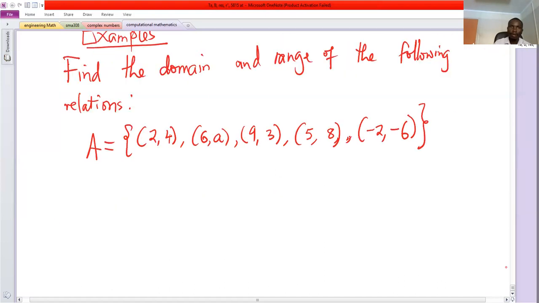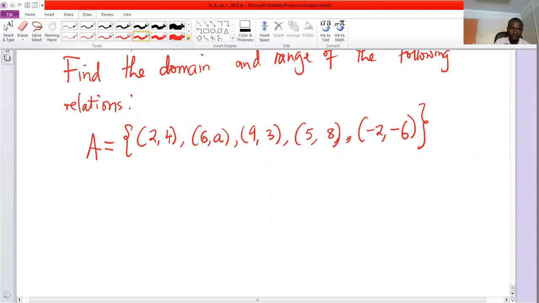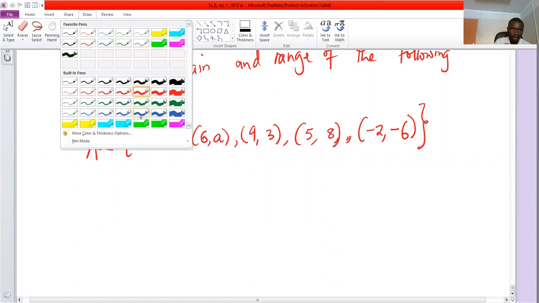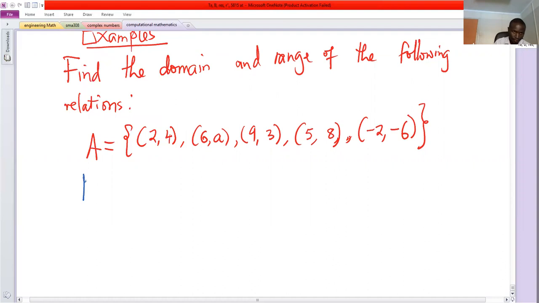So the domain of the relation A is given by the set of all the first members of the pairs. So we'll have 2, 6, 9, 5, and -2. So simple as that. That's the domain of this relation A.